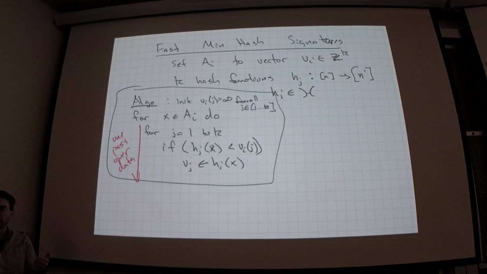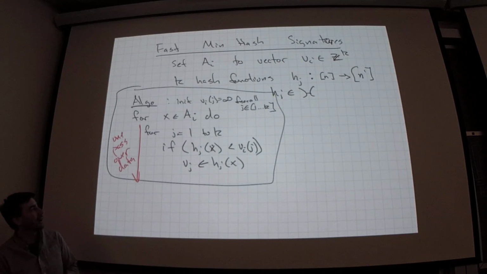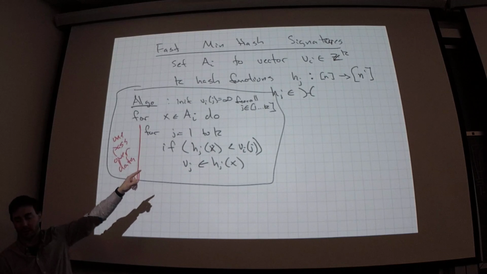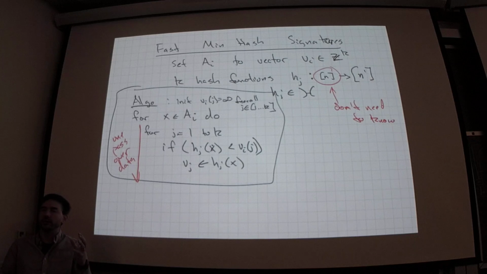Those are effectively storing the same permutation of the data. But I don't need to know how big n is, right? I don't need to know this value.